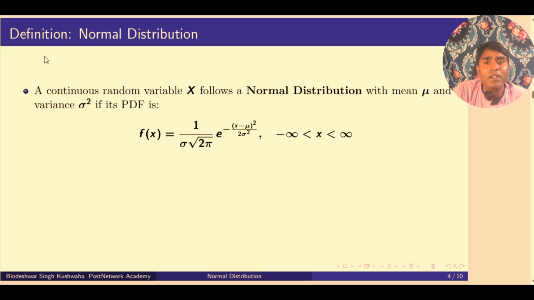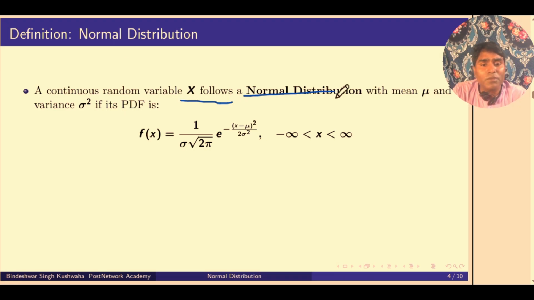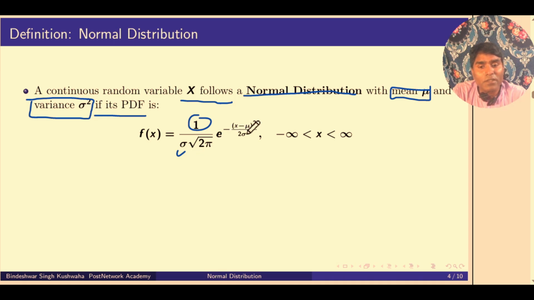So a continuous random variable x follows a normal distribution with mean mu and variance sigma square if its PDF is 1 upon sigma under root 2 pi, e raised to minus x minus mu whole square upon 2 sigma square, where sigma square is the variance, and x lies from minus infinity to plus infinity, means the whole real numbers domain.